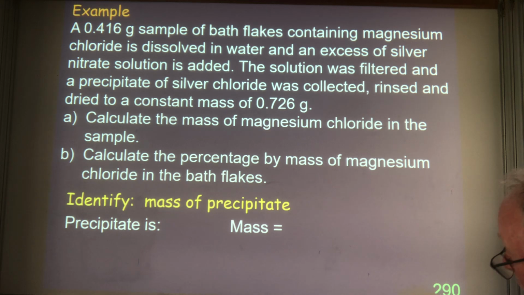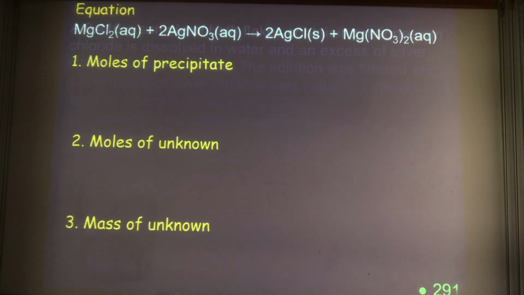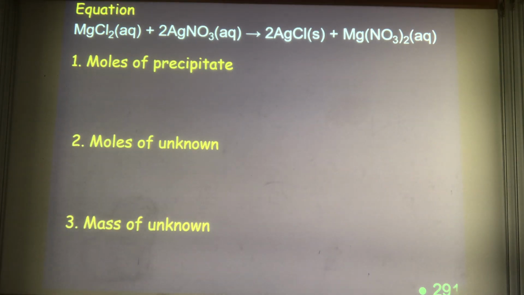So the precipitate that we're going to do the stoichiometry on, silver chloride, and the total sample mass, that we're going to use in that final percentage calculation actually. But that's the total sample mass that we can't do stoichiometry on. So getting those two masses straight first up is the key step.